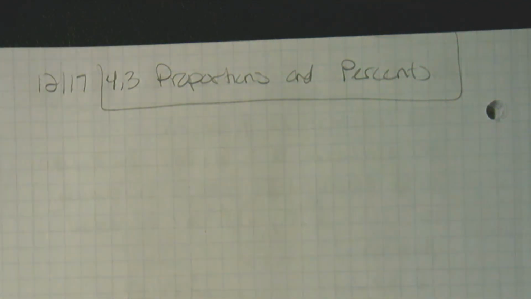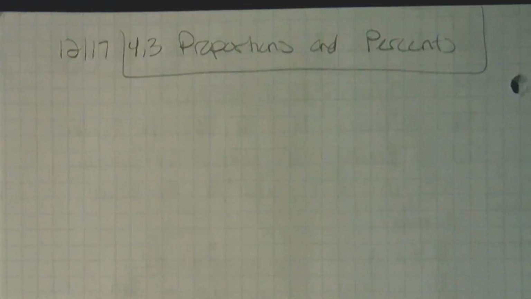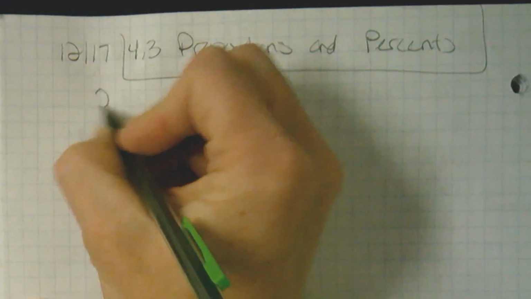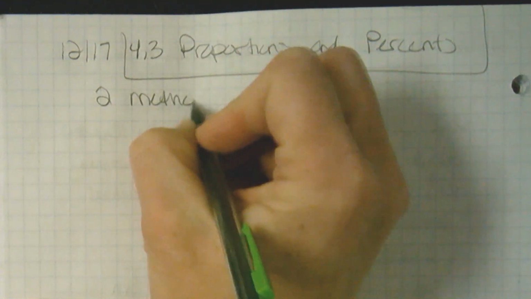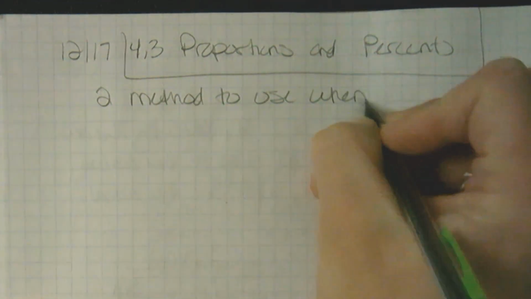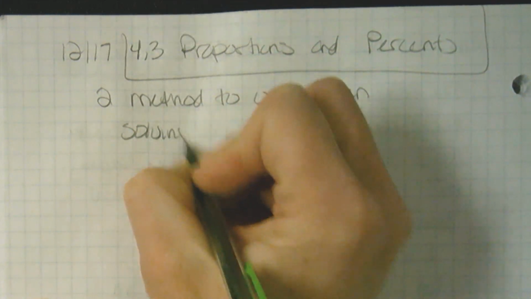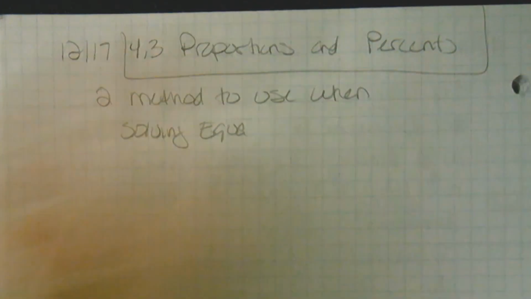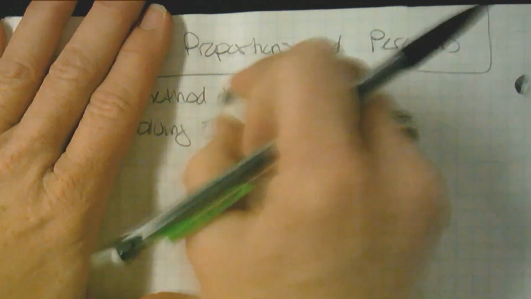So if you remember last year, there were two different ways that we could solve proportions. I want you understanding both ways. There are two methods to use when solving problems with percentages.